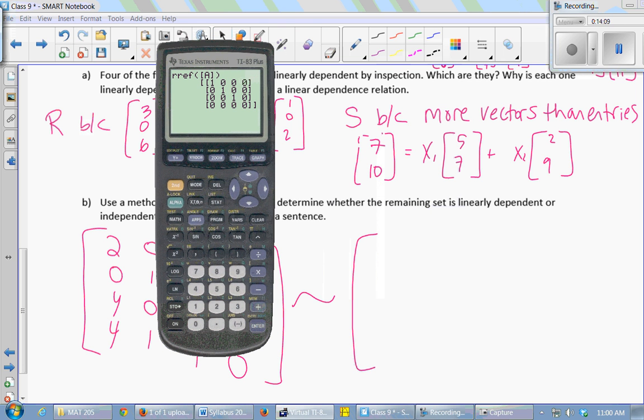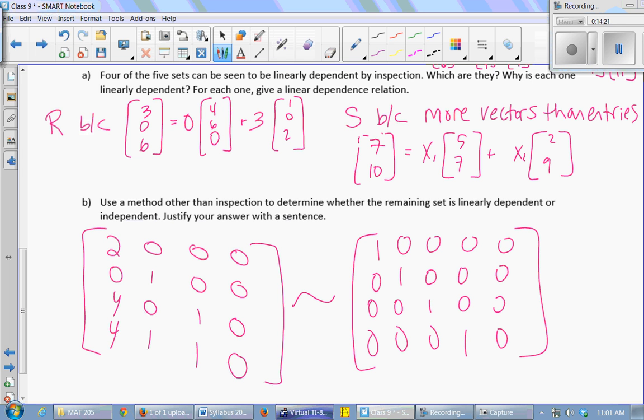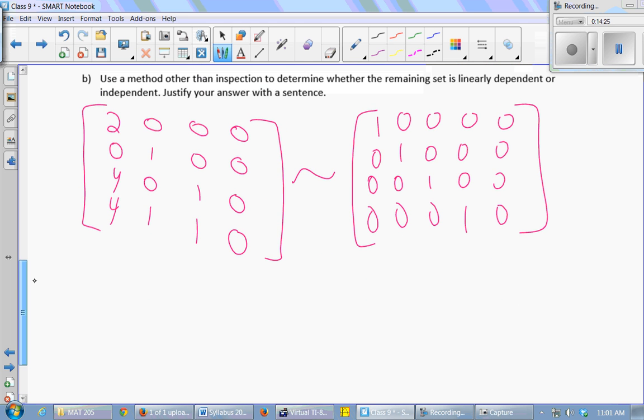and I get 1, 0, 0, 0, 0, 1, 0, 0. Okay, so there's my RREF version. Last one's all zeros. Okay, so what does this thing say?